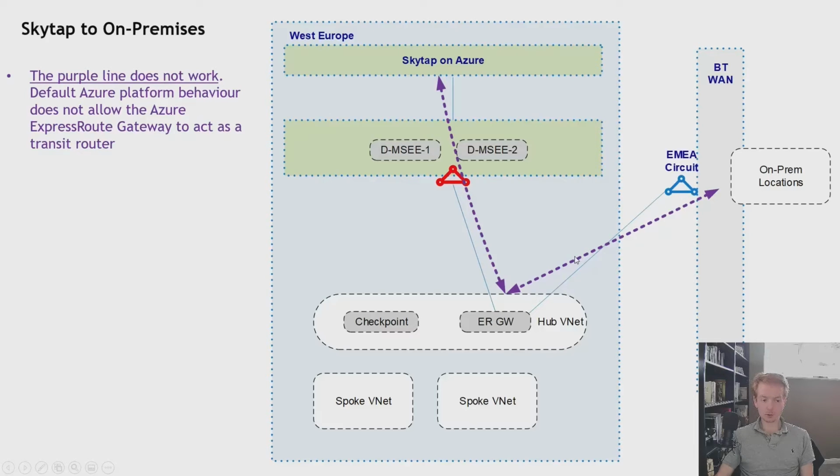And the important call out here is that the ExpressRoute gateway doesn't act as a transit router. So if you just configure things as per this diagram, Skytap would have no idea that their on-premise networks exist, and their on-prem locations would equally have no idea that Skytap exists. The prefixes wouldn't be sent from left to right. And that's by design. That's how Azure networking works.